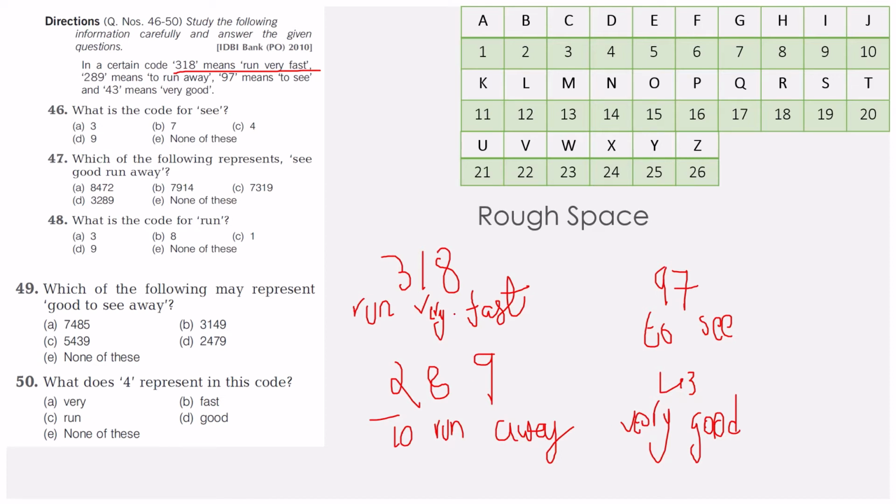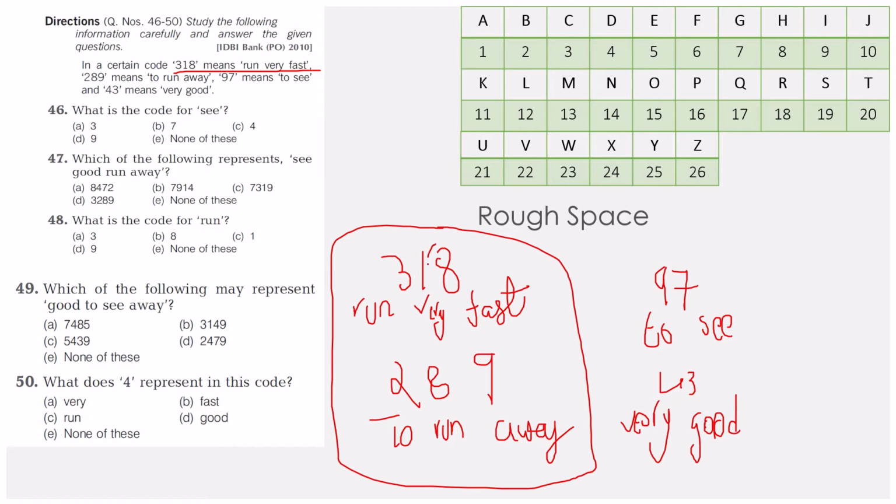Now if you take a look at the first two, the common letters, the common numbers and letters are run, 8 and 8. If you take a comparison between these two, 8 is common in both and those are just shuffled.